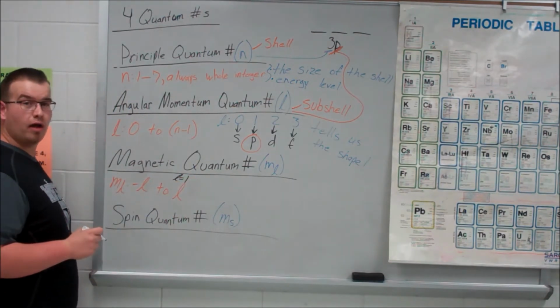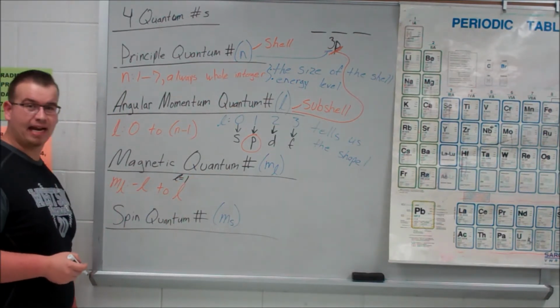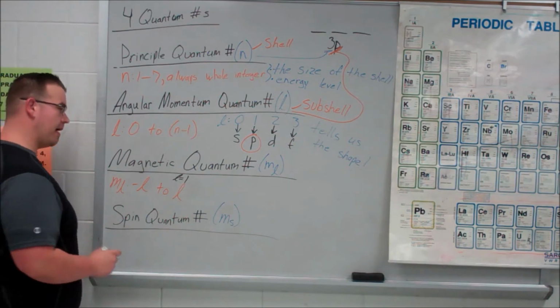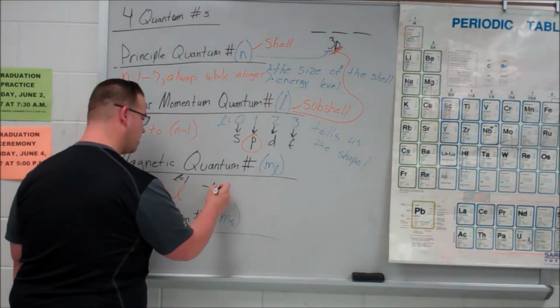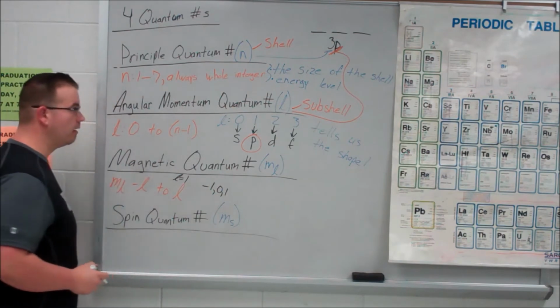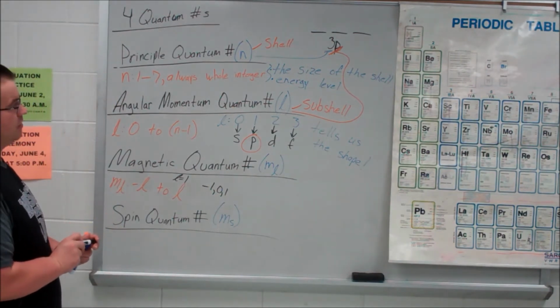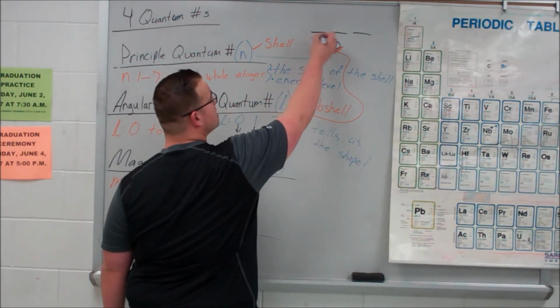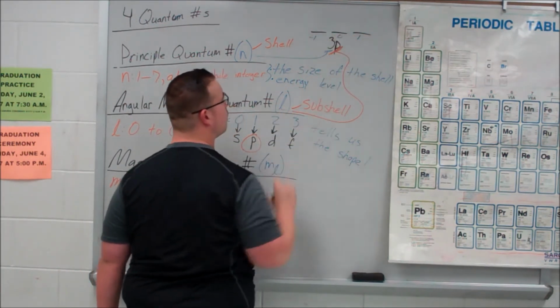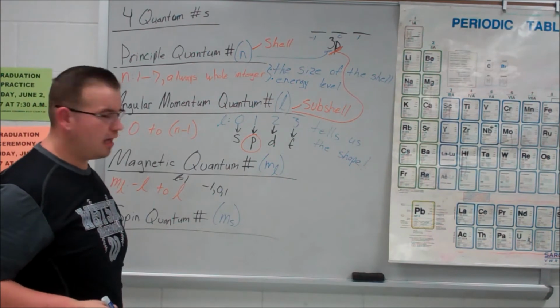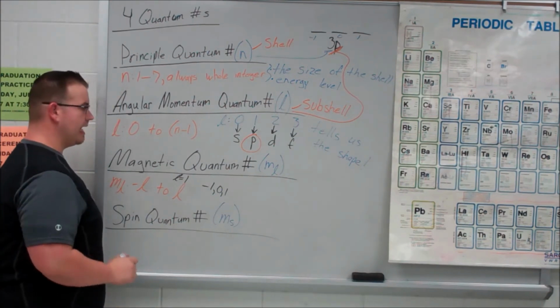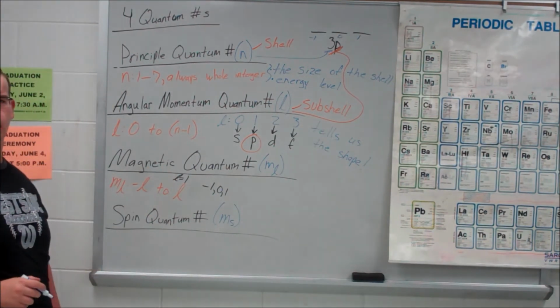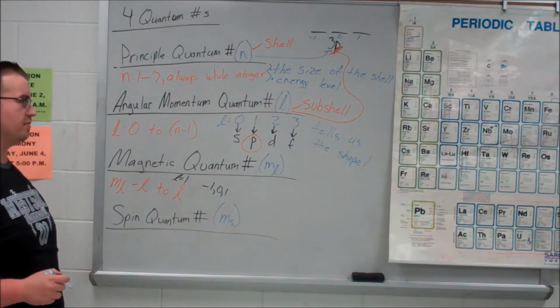If L equals 1, that means we have the range for the magnetic quantum number, M sub L, to be -1, 0, and 1. So like I told you, up here, this was the -1 orientation, this is the 0 orientation, this is the 1 orientation.